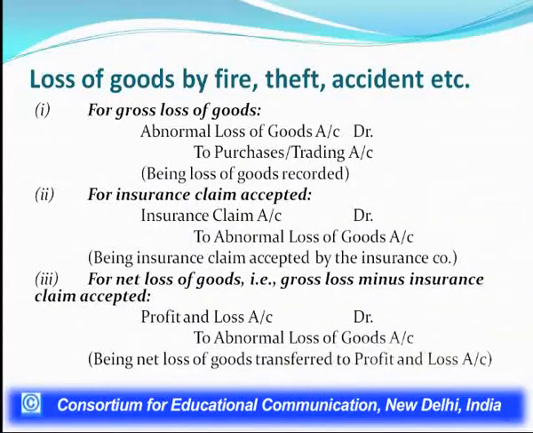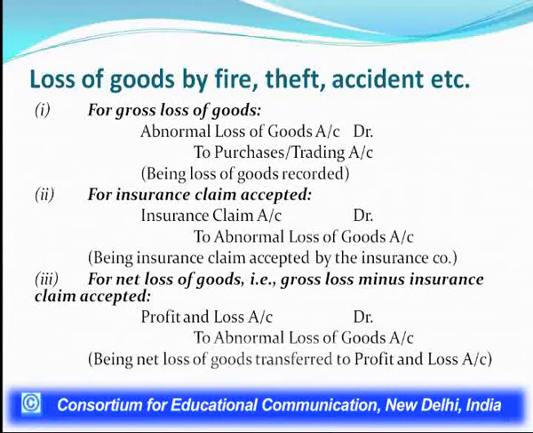So if the insurance claim accepted by the company has been given, then we will pass the entry: insurance claim account debit to abnormal loss of goods account. Insurance claim account is debited because this is now an asset, the amount receivable from the insurance company, and the loss has been reduced. So the abnormal loss of goods account has been credited.